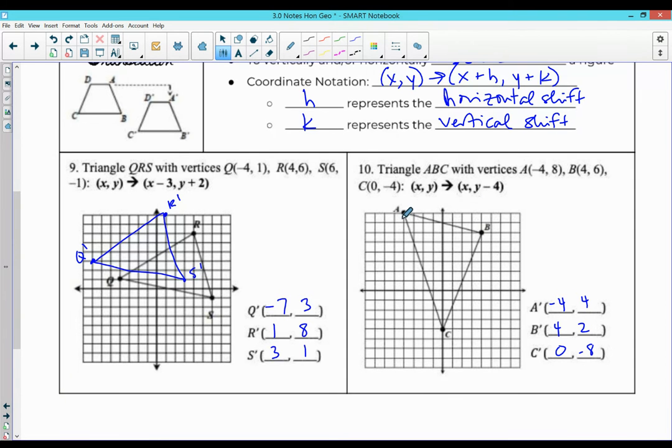So when I plot these points, I can just go down 4, A prime, B prime, C prime. And again, notice it's the same shape, the same size. The side lengths are the same, angle measures are the same. Therefore, this is a rigid transformation or an example of isometry.